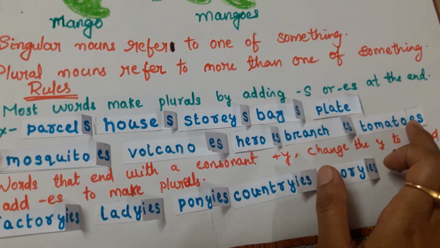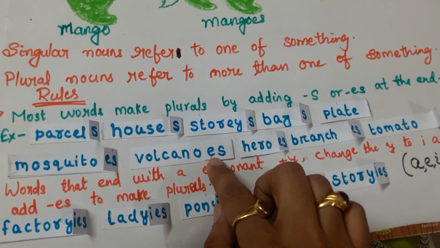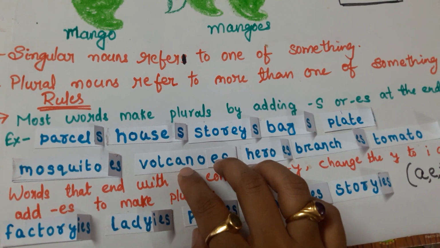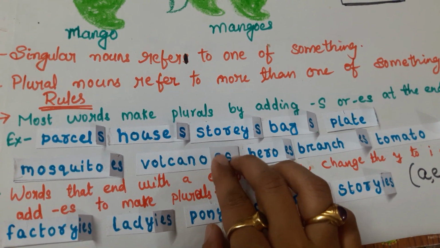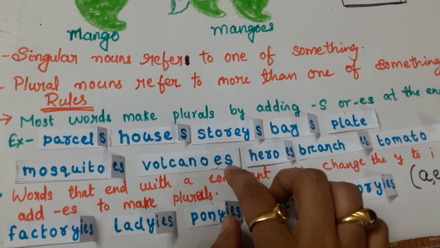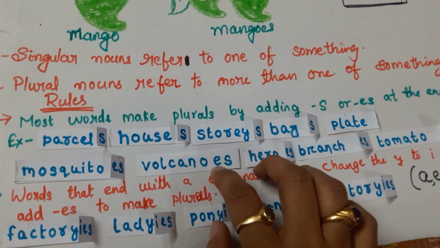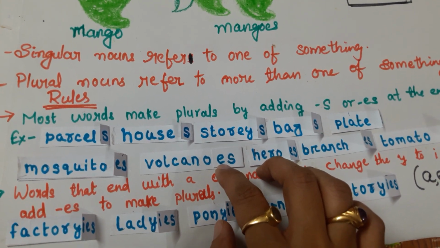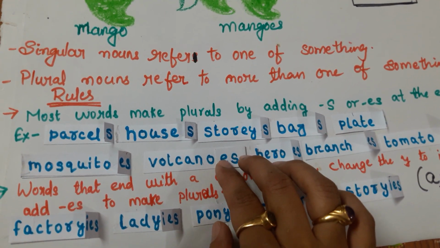Tomato, tomatoes. Remember students, with this word volcano, if we write volcanos, that is also right. So both can be applied, either s or es, to make it plural.